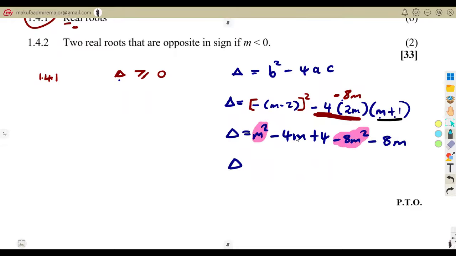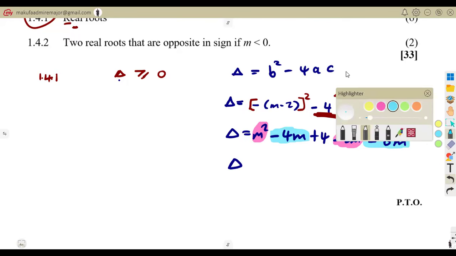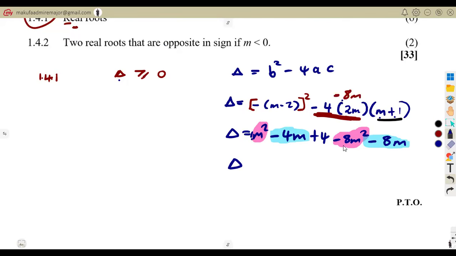These are like terms. The part where we have got the m here and the minus 8m, these are also like terms. So the first part is 1 minus 8, which is minus 7. That's minus 7m squared. Then there's a minus 4m and a minus 8m. Minus 4 minus 8, that's minus 12. Then the 4 is remaining as it is.